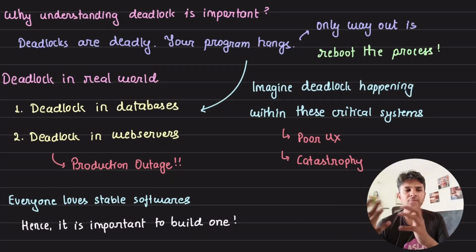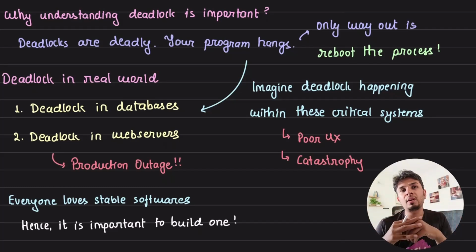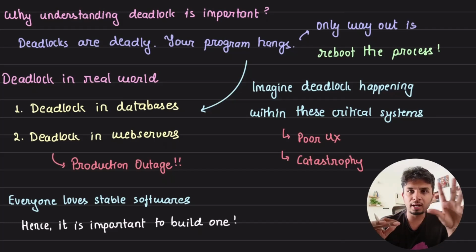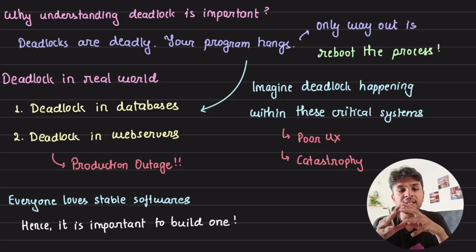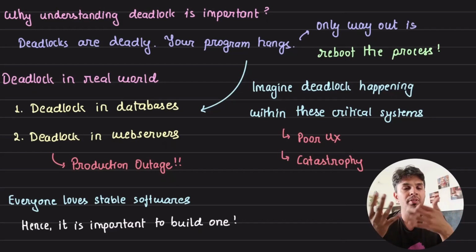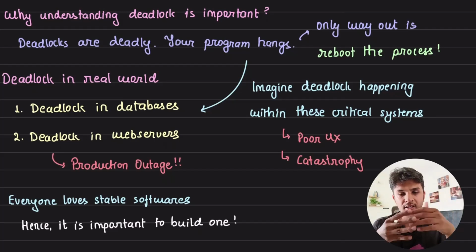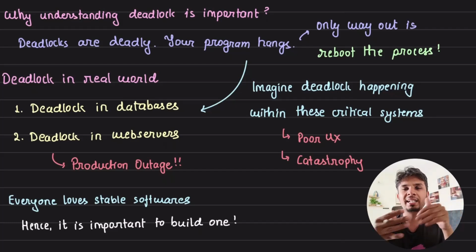So in the real world, there are 2 very common examples, and we will look at them in depth, but just to give you a brief view of it: databases ensure that they never enter a deadlock state. Just imagine a database, which obviously is multi-threaded. It handles so much traffic in parallel, leverages all the cores, and needs threads to do it.